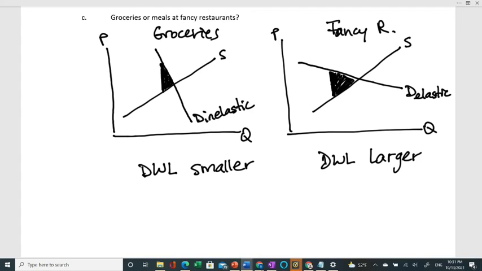Should we really tax the groceries? When you look at the fancy restaurants, wealthier people go to the restaurants. If we look at the efficiency in both markets, it looks like taxing the groceries will have more efficiency.